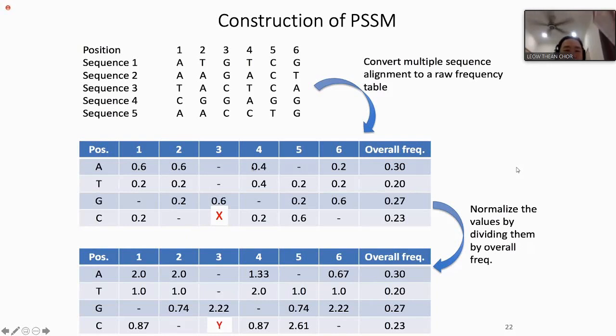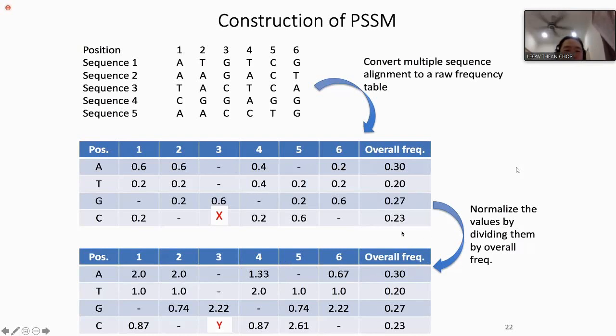So meaning that you add 0.6 plus 0.6 plus 0.4 plus 0.2 divided by 6, and then you get 0.3. Right? So this is the overall frequency. You can calculate the rest. And then the lower panel represents the normalized frequency of occurrence.